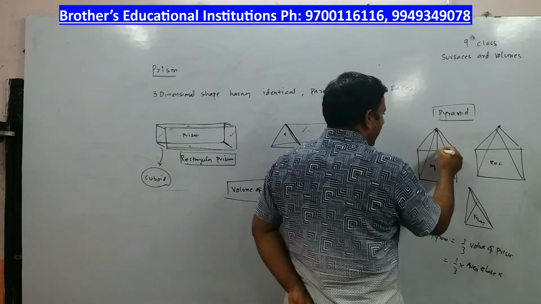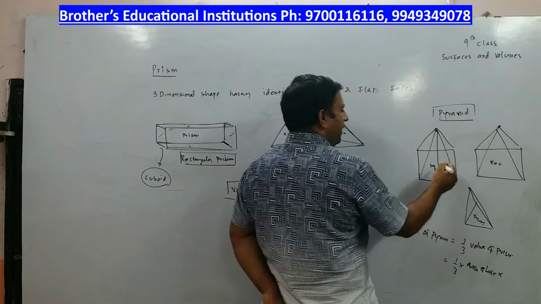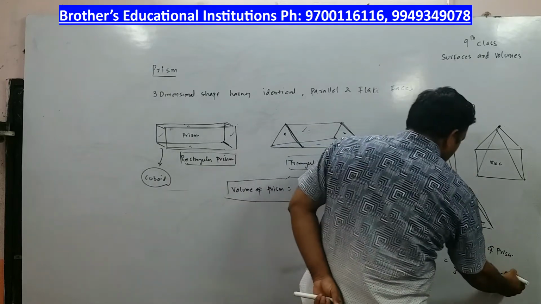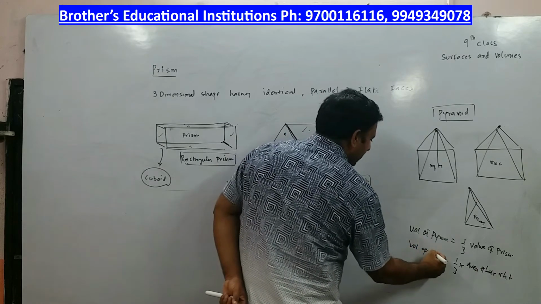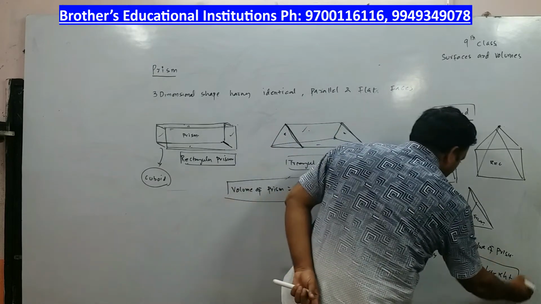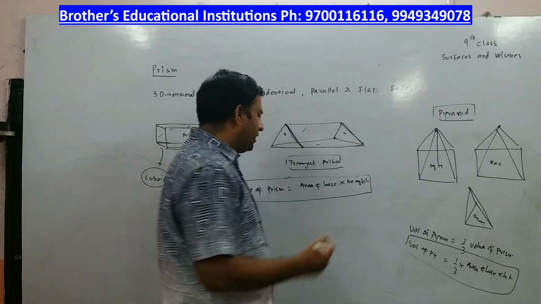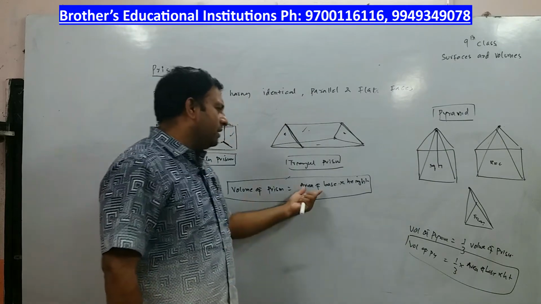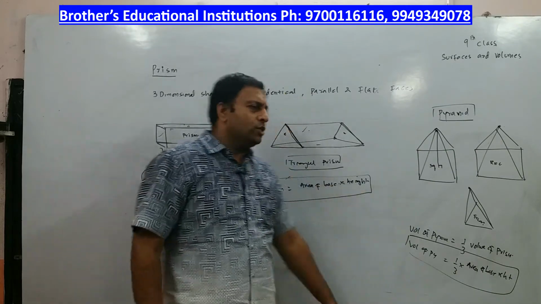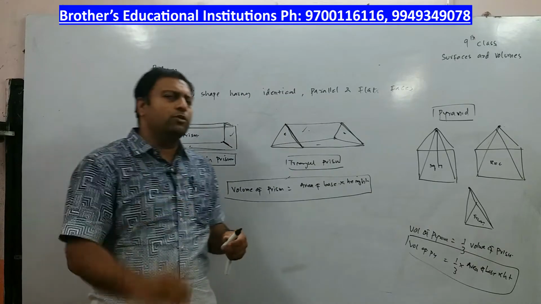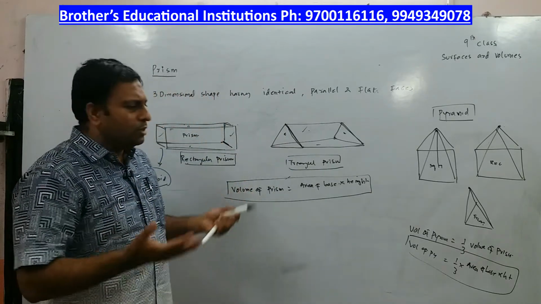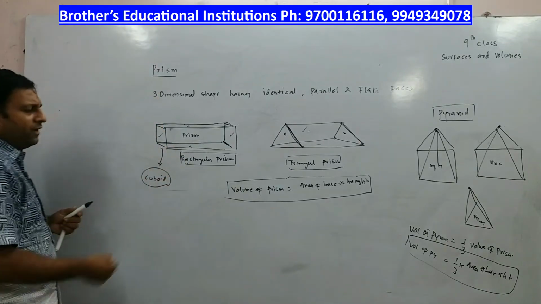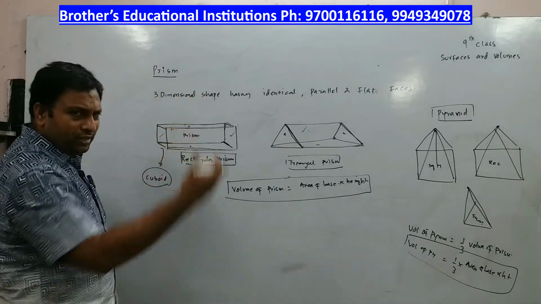And how do you measure the height? Height has to be exactly vertical, perpendicular to the base. So volume of pyramid is equal to one third area of the base into height. And what is volume of prism? It is area of the base into height. So these are the two formulas. Let us try to do two numericals at least in this, so that you understand the concept. You can pause the video, draw the figures, copy the formula, and we'll go for the next question.